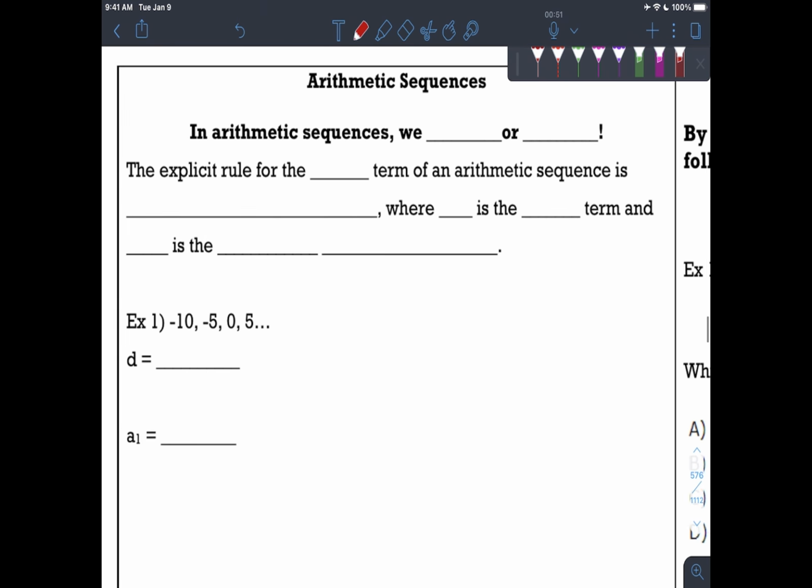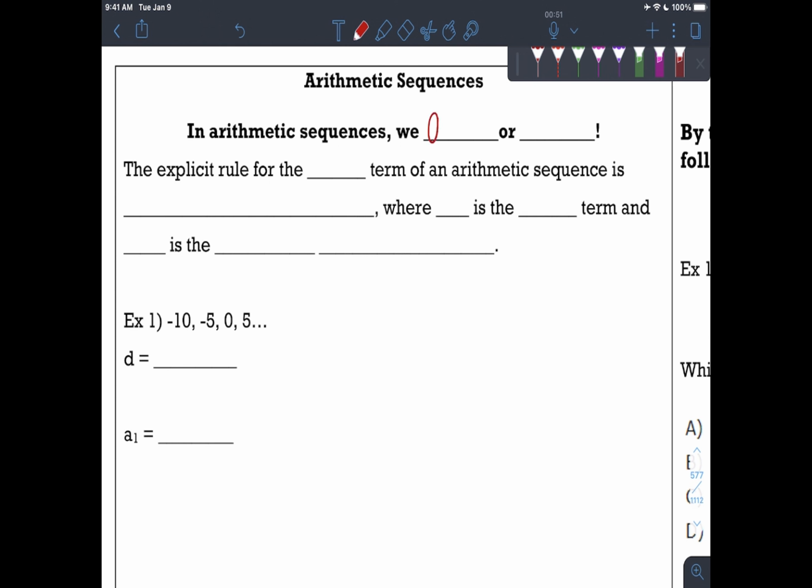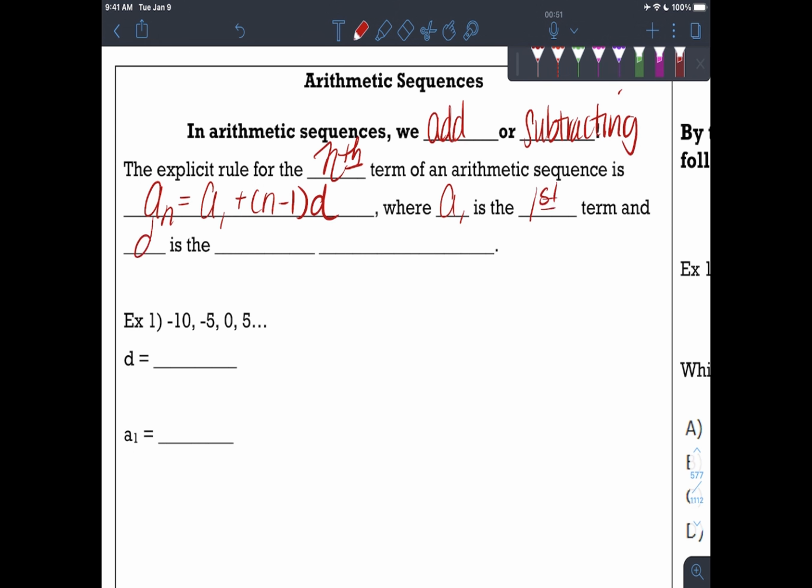So in arithmetic sequences, we are adding and or subtracting. The explicit rule for the nth term of the arithmetic sequence is the following, where a sub 1 is the first term and d is what we call our common difference.